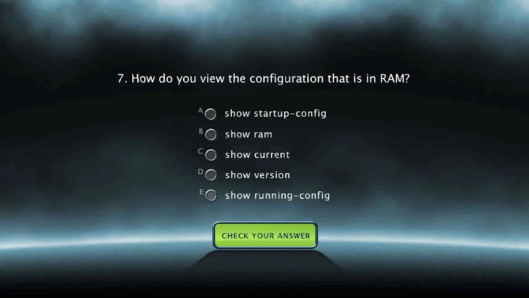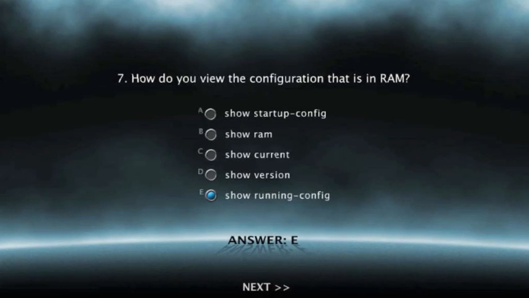Yeah. Remember we did a copy running config to startup config? Great job. So to see the configuration that is in RAM, it would be show running config.